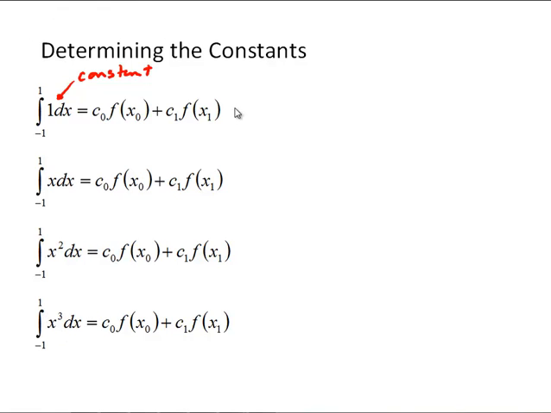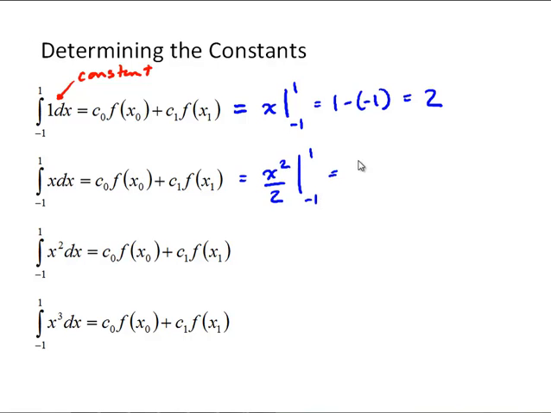Evaluating those integrals, the integral from -1 to 1 of 1 dx is just x evaluated from -1 to 1, or 1 minus -1, or 2. The integral from -1 to 1 of x dx is x squared over 2 evaluated from -1 to 1, which is 1/2 minus -1 squared over 2, and that squares away the negative sign, so that goes to 0.